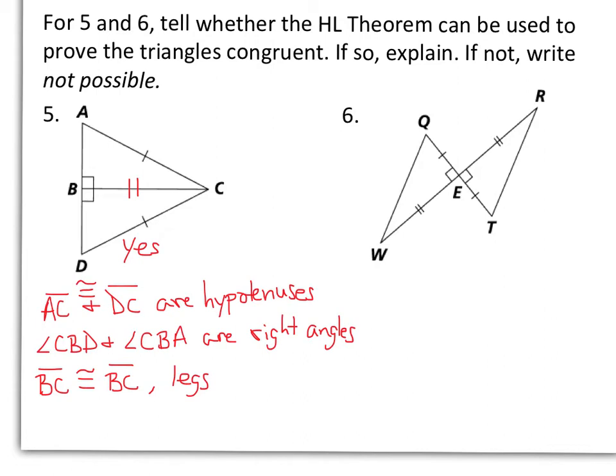Okay, in number 6, we do have right angles. Angle RET and angle WEQ are right angles. We have two pairs of congruent sides. However, we do not know about our hypotenuses. So we could prove these triangles are congruent, but it would be by side angle side, but the directions asked whether we'd be able to prove they're congruent by HL.